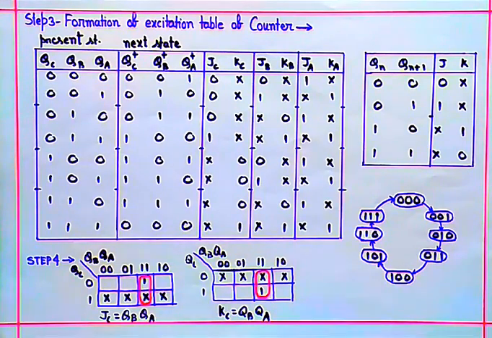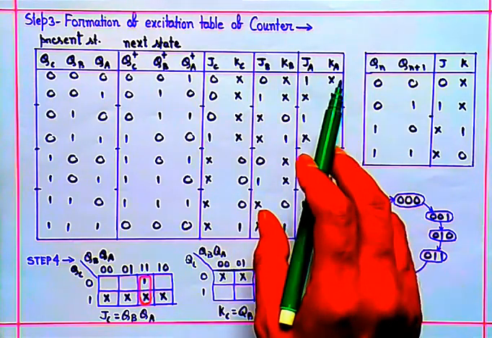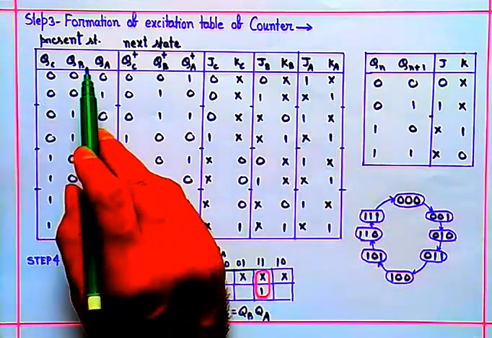Now step number 4. This step number 4 is completely dependent on step number 3. So what is step number 4? You have to express all the values of JC, KC, JB, KB, JA, KA in terms of QC, QB, QA.